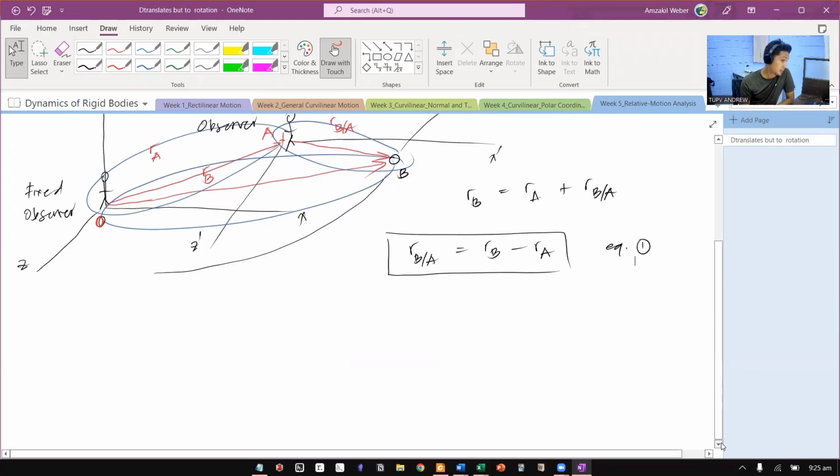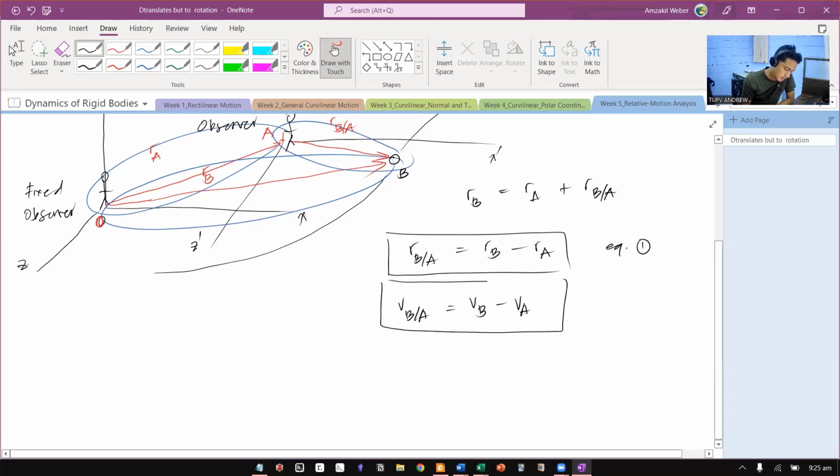So, from this, we have position. To get the velocity and acceleration, we just need to differentiate with respect to time. So, the relative velocity of B with respect to A, in this case, we have VB/A is equal to VB minus VA.